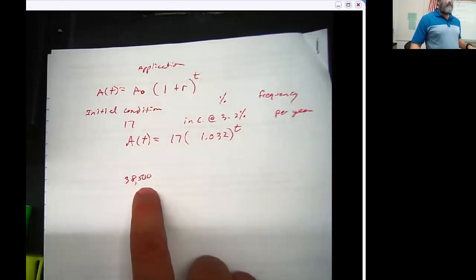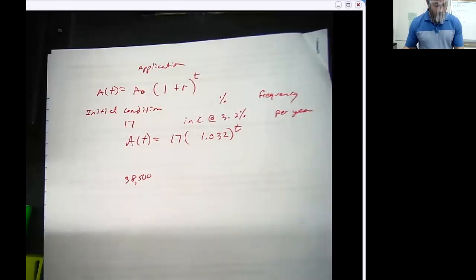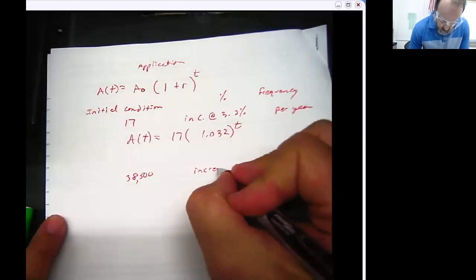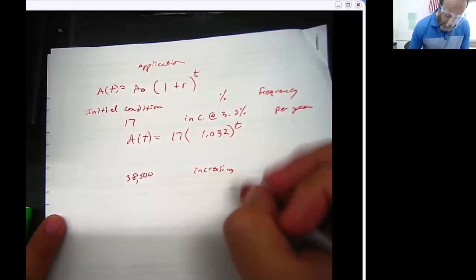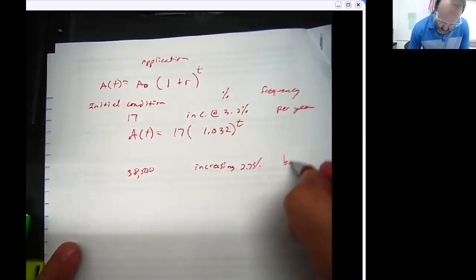I didn't say a normal car, because what do cars normally do? They decay, they go down in value. You drive that thing, you lose a lot of money, but does a vintage car sometimes go up in value? You get yourself a really nice thing that somebody has restored, and we say increasing at 2.75% biannually.